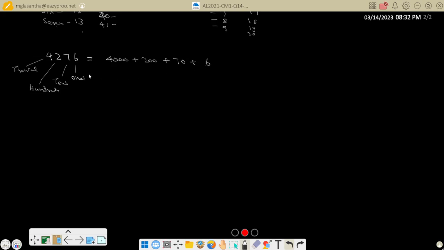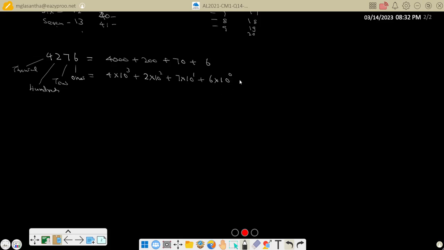So 4,000 is 4 into 10 to the power of 3, 200 is 2 into 10 to the power of 2, 70 is 7 into 10 to the power of 1, and 6 is 6 into 10 to the power of 0.